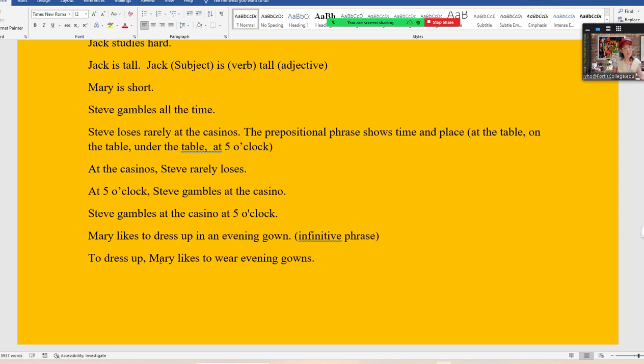All right, so here, to dress up, the infinitive phrase can go either at the end of the sentence, or at the beginning of the sentence. When the infinitive phrase goes at the beginning of the sentence, you have a comma. To dress up, Mary likes to wear evening gowns. So you notice that when prepositional phrases, dependent clauses, and infinitive phrases are at the beginning of a sentence, those are known as introductory phrases.